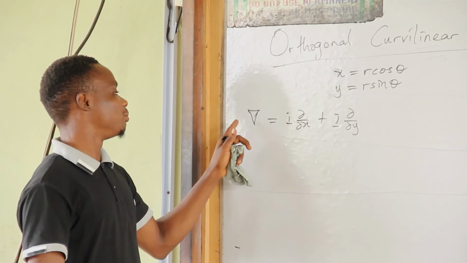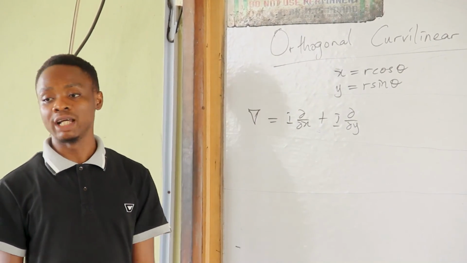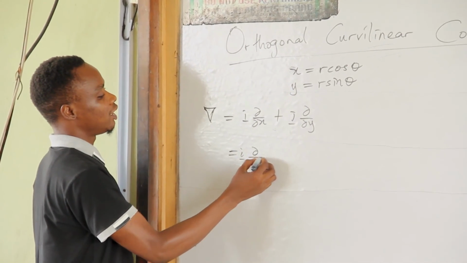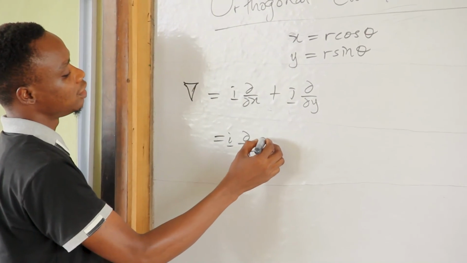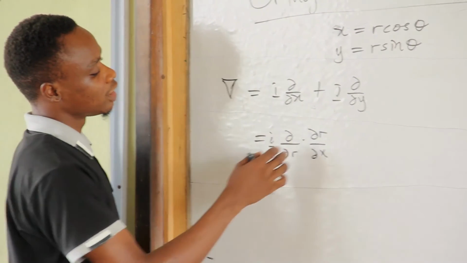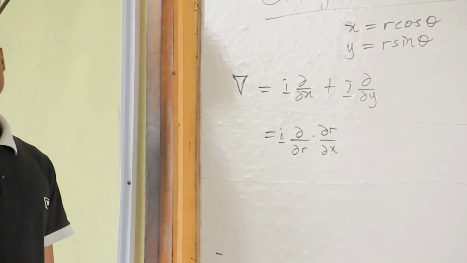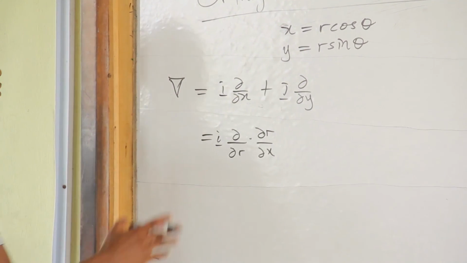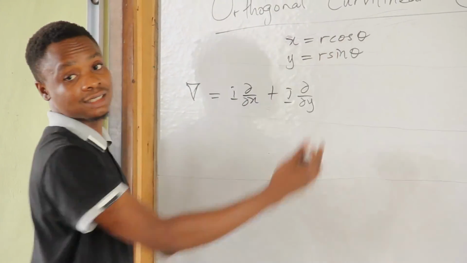So try to find out what this will be. If I want to transform it from this coordinate system to the polar coordinate system, what do you think it will be like? For instance, you can write this as i del r del x. Polar coordinate system. If you want to differentiate this with respect to x, you know x has been defined as a function of r and theta.